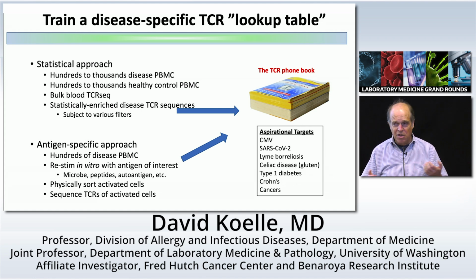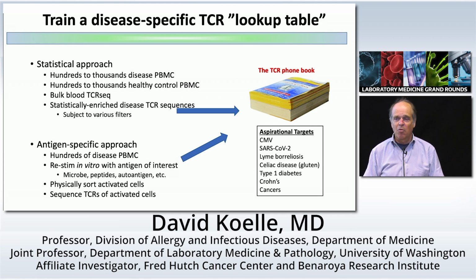And bulk sequencing was done on the T-cell receptor repertoires, maybe 500,000 or 1 million cells per sample. And every sequence was statistically compared between the two sets with a massive Bonferroni type correction. And a set of sequences were brought out that were statistically associated with being recovered from COVID-19.